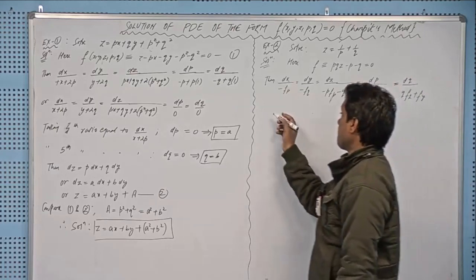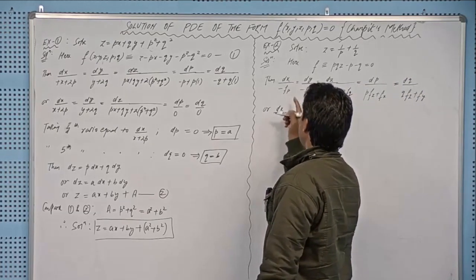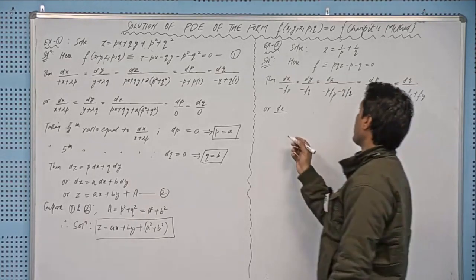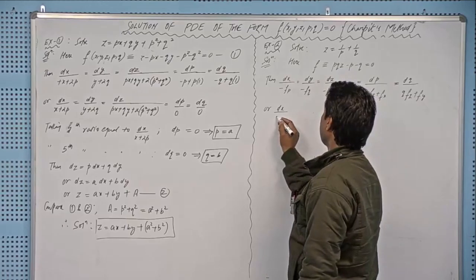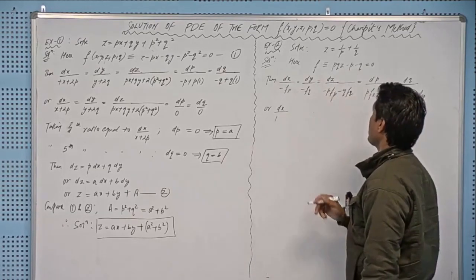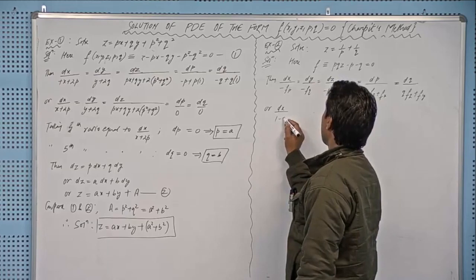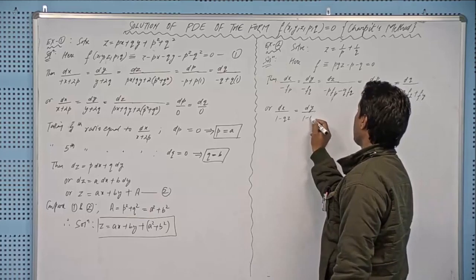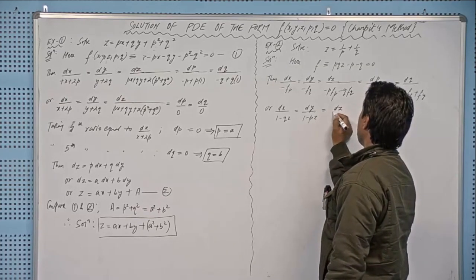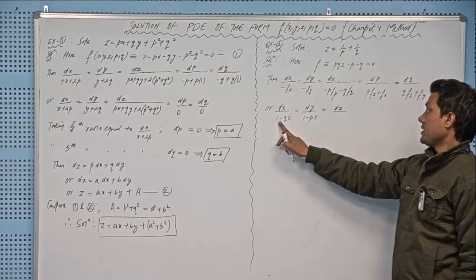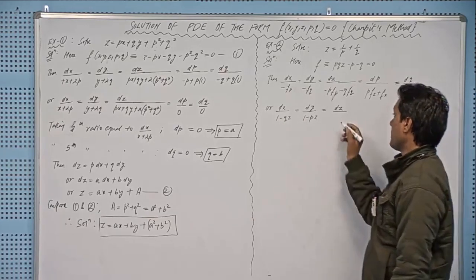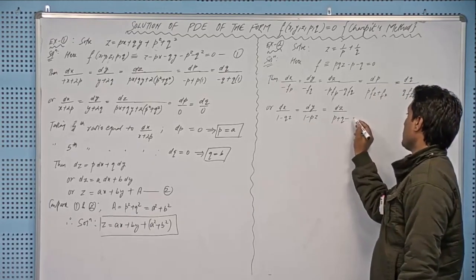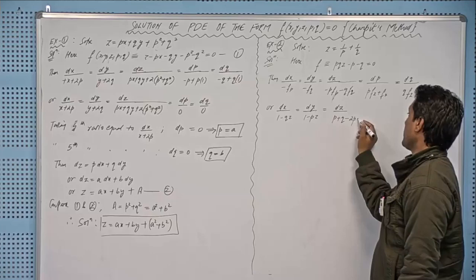Or I will get dx over minus of del f over del p; differentiate this with respect to small p, I will be getting something like 1 minus 1, then minus minus becomes plus, minus qz; dy over 1 minus pz; dz over, then multiply this by p and this by q, and then add, I will get p plus q, pqz and qpz, so 2pqz.